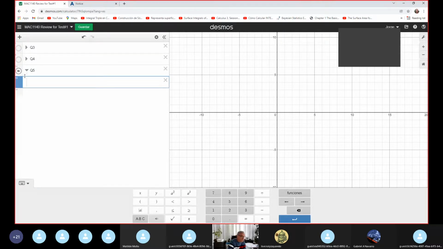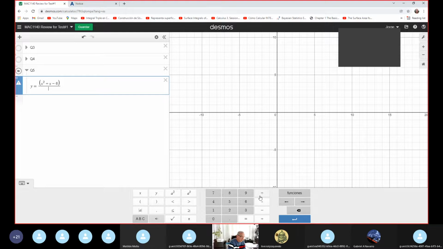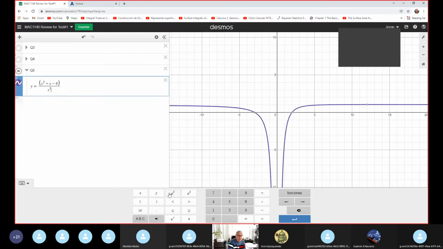The function is y equal, parentheses, be careful with the parentheses, x squared plus 4x minus 6 on the top, divided by, in the bottom, x squared minus x minus 2.